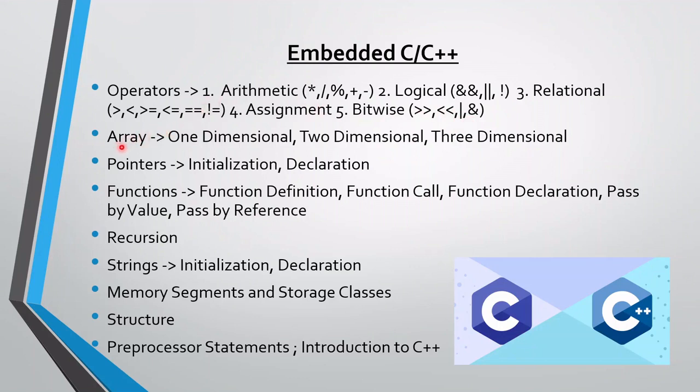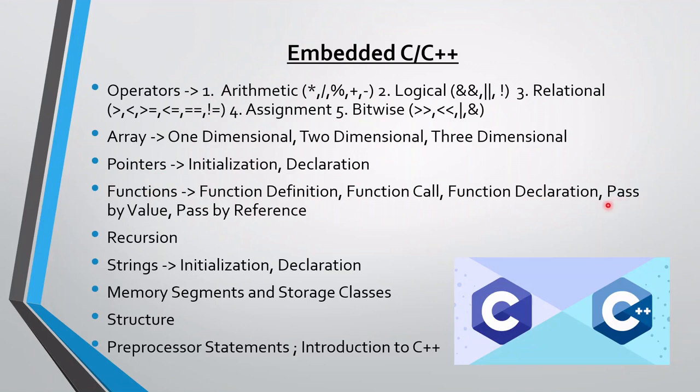We also saw arrays: one dimensional array, two dimensional array, three dimensional array, and how the values are stored in the array. We also saw pointers, that is how to initialize and declare them, and functions, that is function definition, function call, function declaration.